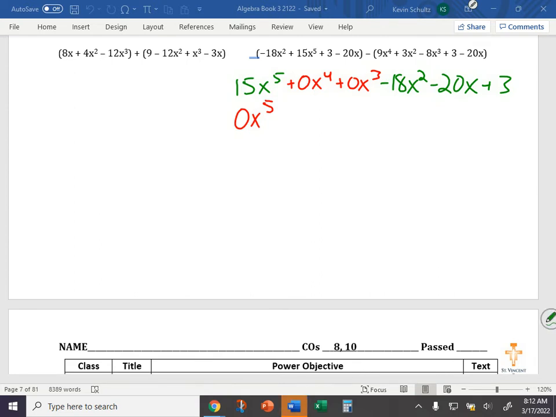I do have an x to the 4th term, which will go below the 0x to the 4th that I wrote there. I do have an x cubed term. And, oh, I do have an x squared term, 3x squared, there it is. I do have an x term, and I do have a constant. And this is all being subtracted.